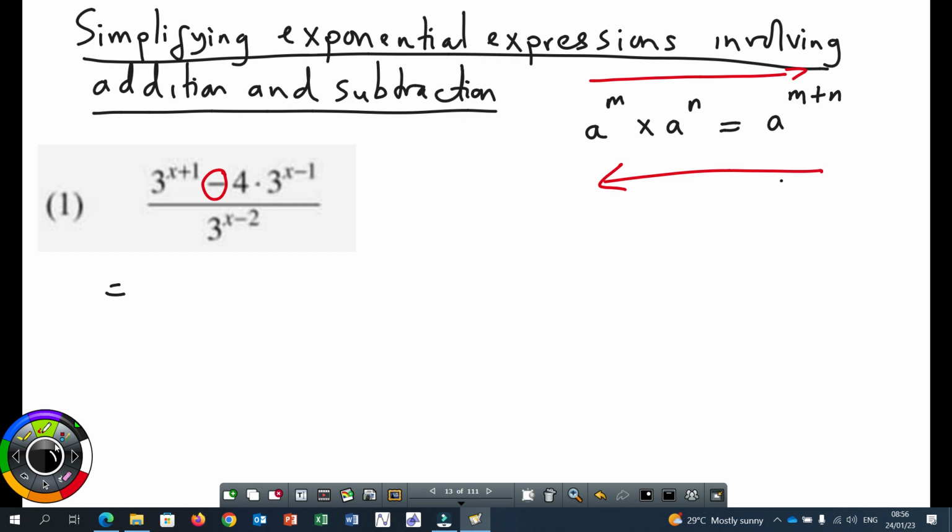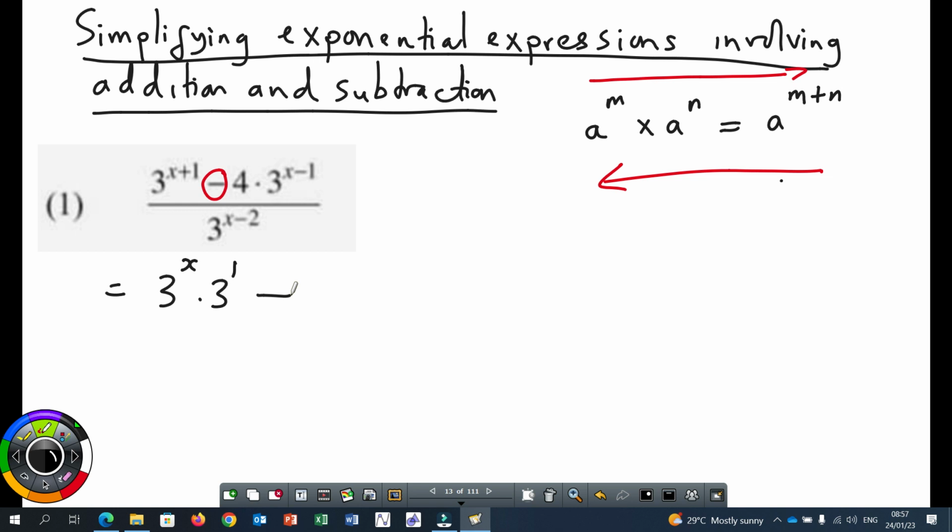You also have to identify a common factor, and then you factorize. So I'm going to break up this 3 to the power of x plus 1 to 3 to the power of x times 3 to the power of what? Of 1. I've used the first law of exponents by moving from right to left, minus. Now in this case here, converting the 4 to a base of 2 won't make a big difference.